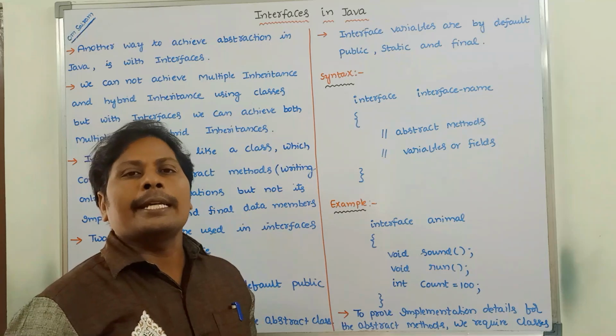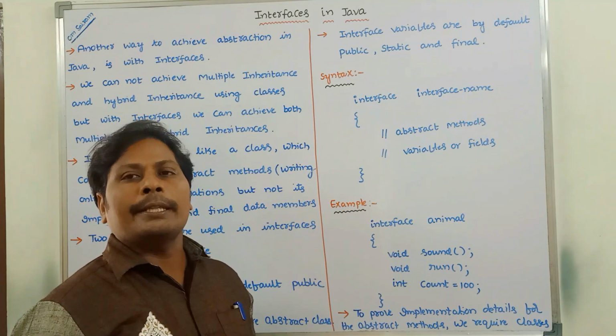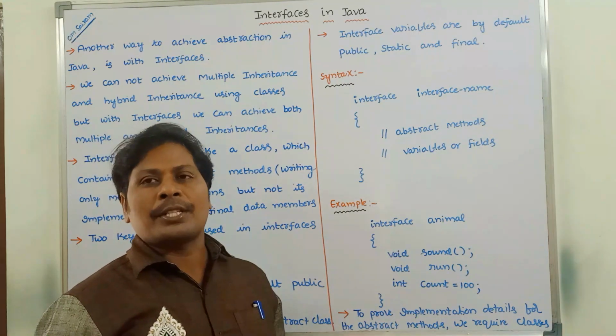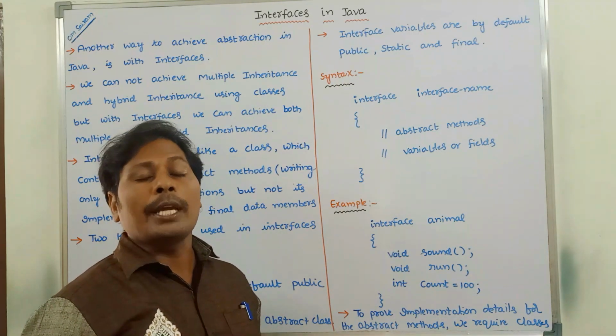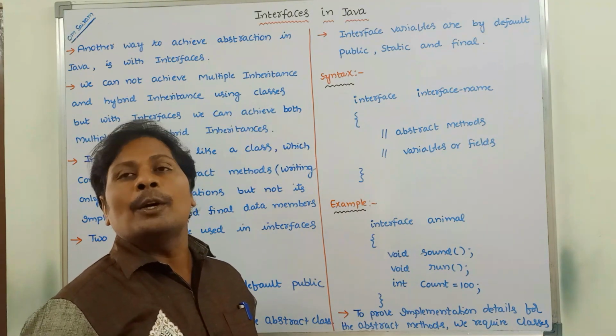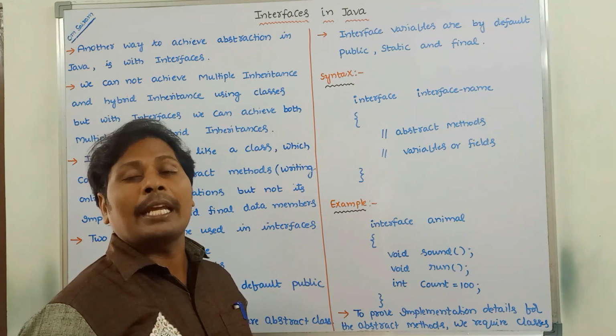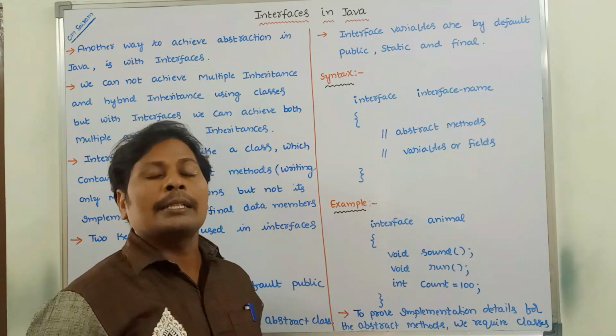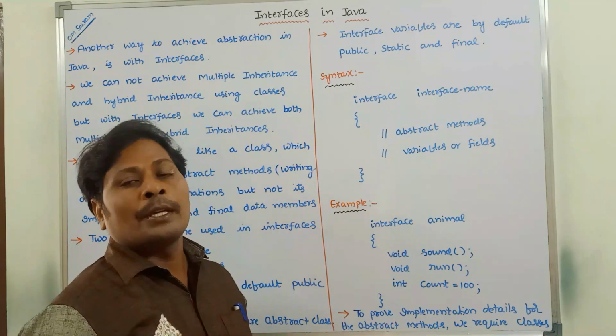Data abstraction is one of the important object-oriented concepts. Data abstraction is nothing but providing only essential details and not providing any implementation details. That is data abstraction.